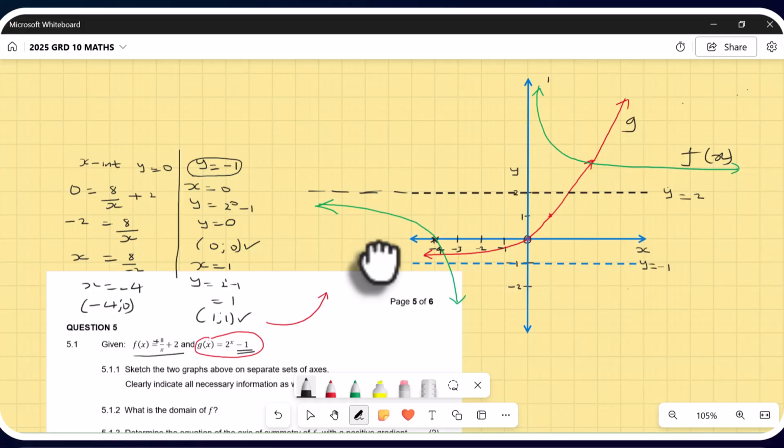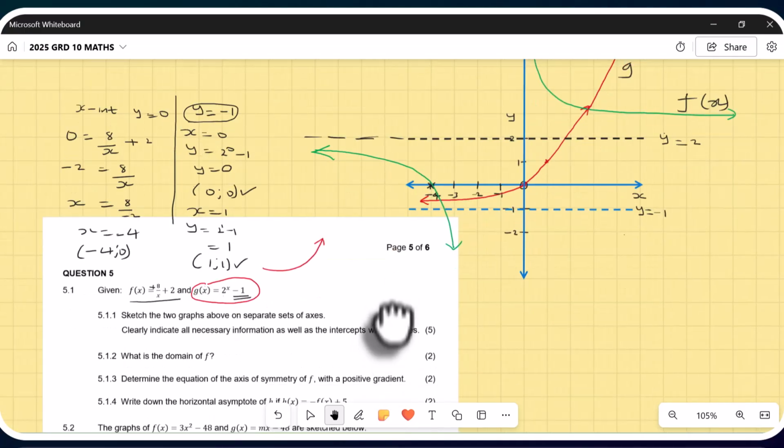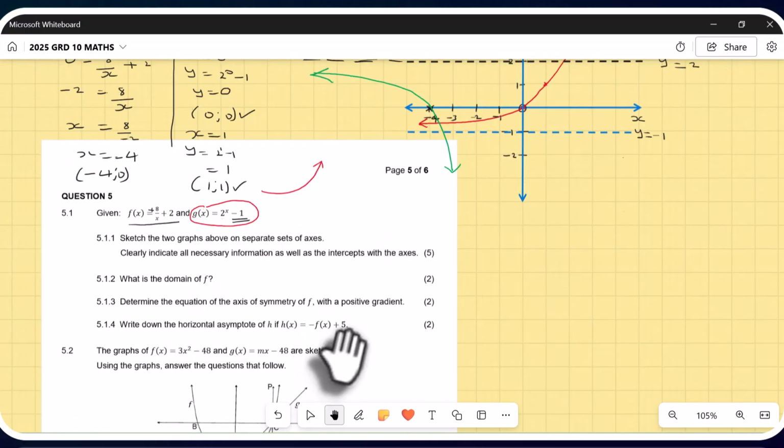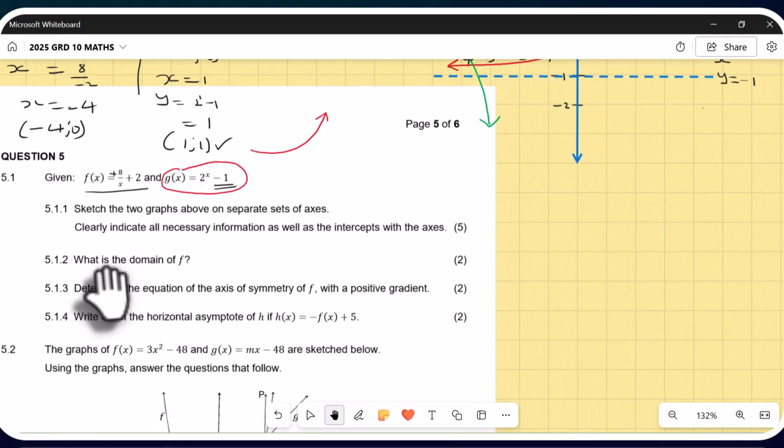So what is 5 minus 2? It's going to be given by negative 8 divided by x, then plus 3. The question is asking us to write down the horizontal asymptote. For the asymptote, you don't change anything; you write down what you actually see.